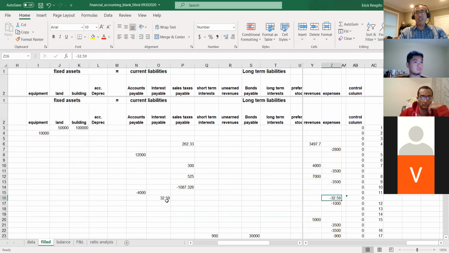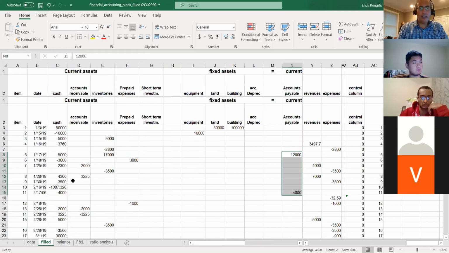That's the way you register the interest. Make sense? Yes. So the 8,000, guys, you don't need to do anything because it's already here. It's 12 minus the 4 that you pay. The remaining $8,000 is what you have as a debt for the future. Okay, questions? Is 11 clear?